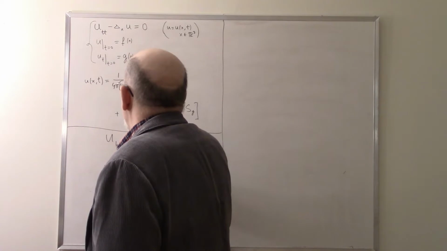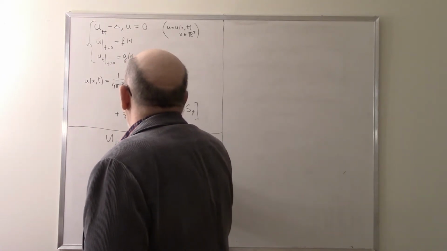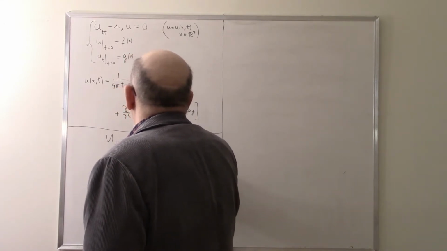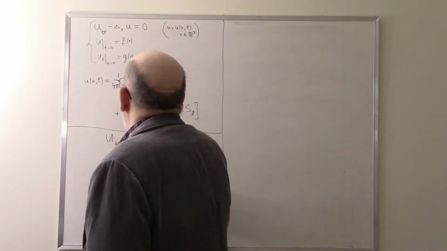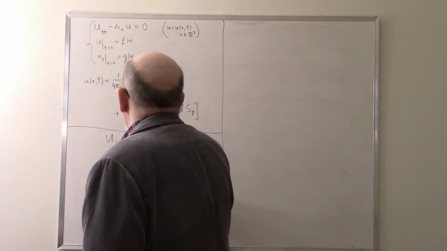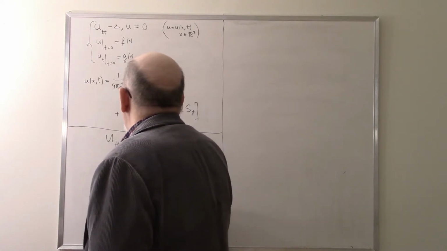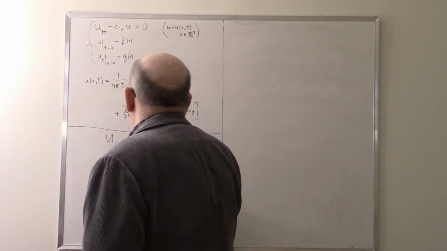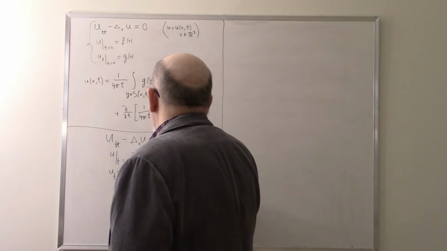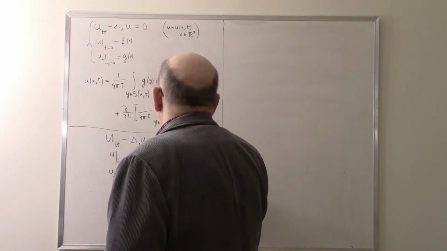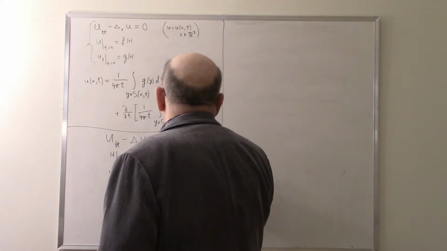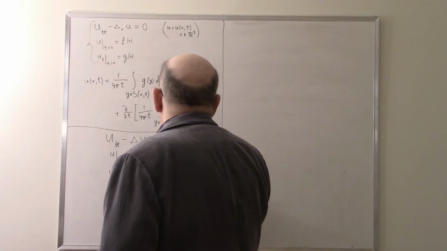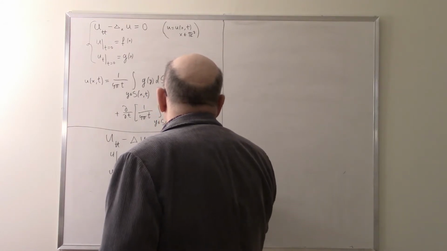Again, u_tt minus Laplacian u equals 0. u for t equals 0 equals 0. u_t for t equals 0 is the following function: it is 1 if modulus of x is less than r, and 0 if modulus of x is more than r.